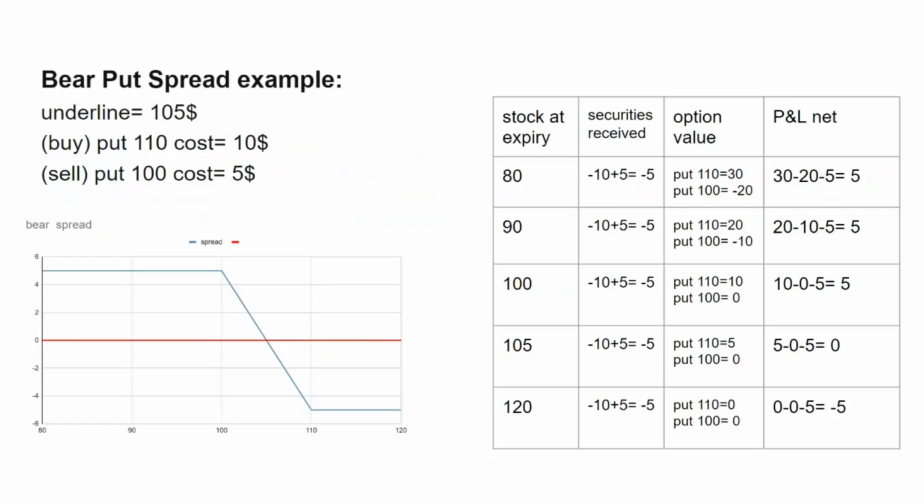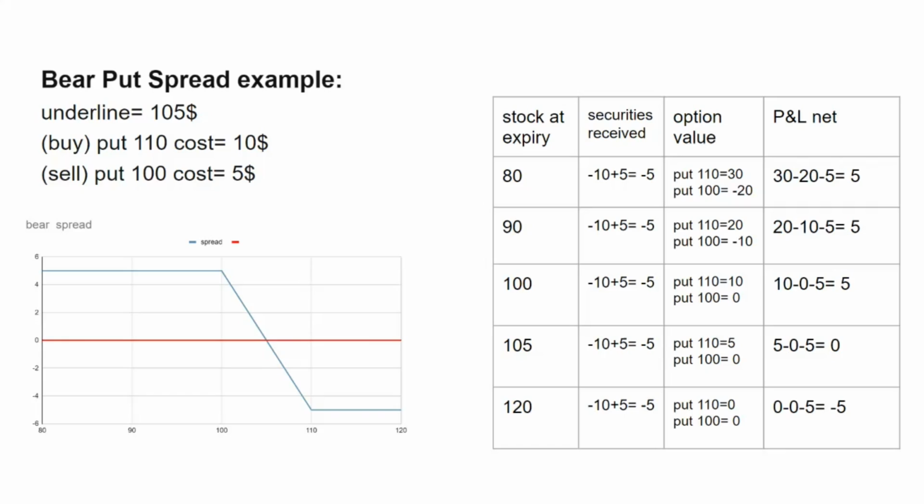Since we're thinking that the market is going to go down, but the put 110 costs us $10, which might sometimes be considered an expensive option, and we want to reduce this cost, we're selling a put 100, and it's going to bring us $5.